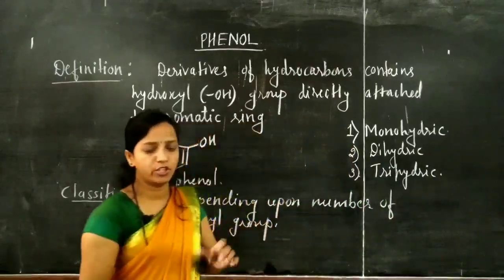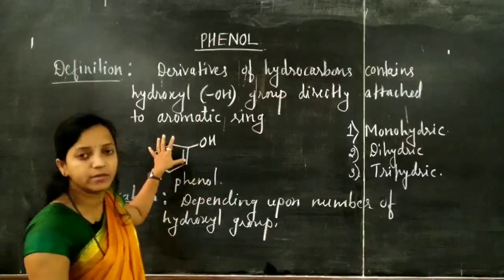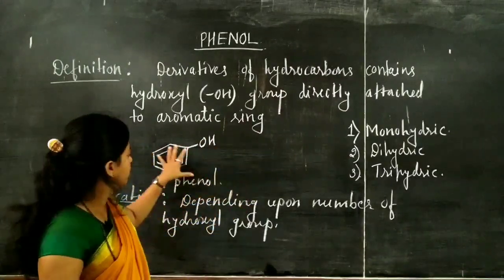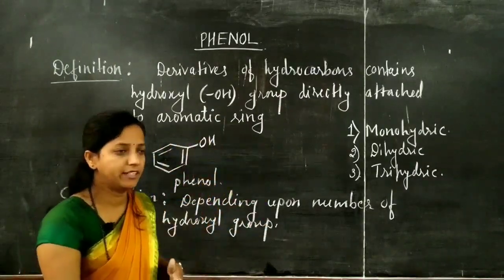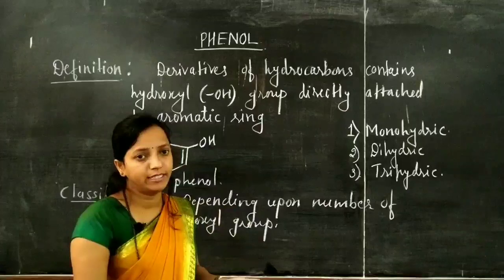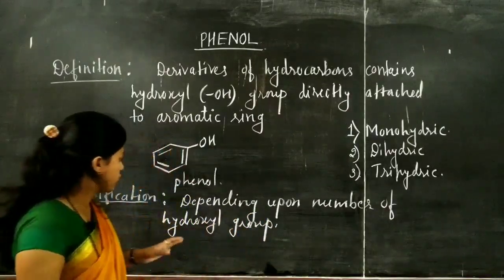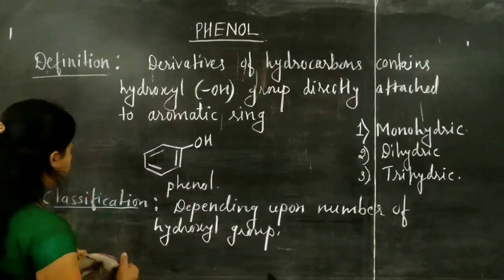When the number of OH groups is 1, for example this phenol, it is a monohydric phenol. When the number of OH groups is 2, we call it dihydric phenols, and when it is 3 we call it trihydric phenol, and when it is more than 2 we call it polyhydric phenols. So here we will see an example of these.